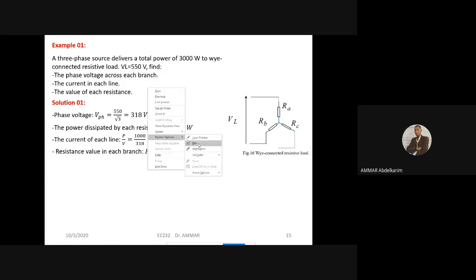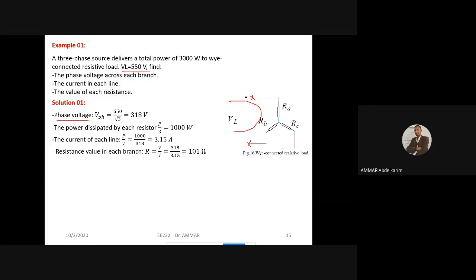So here it's a resistance. The line voltage, or the phase-to-phase voltage, equals 550 volts. So what does the phase voltage equal in this system?